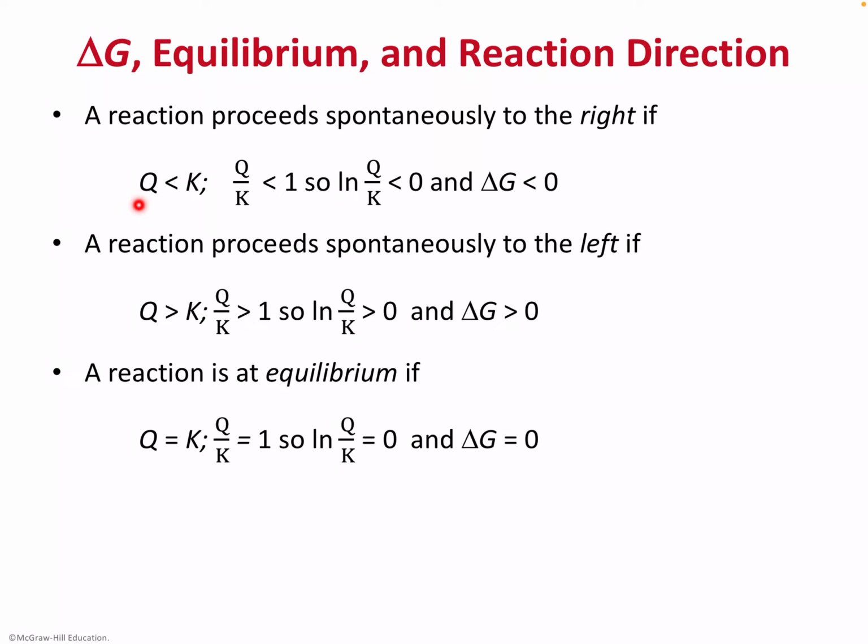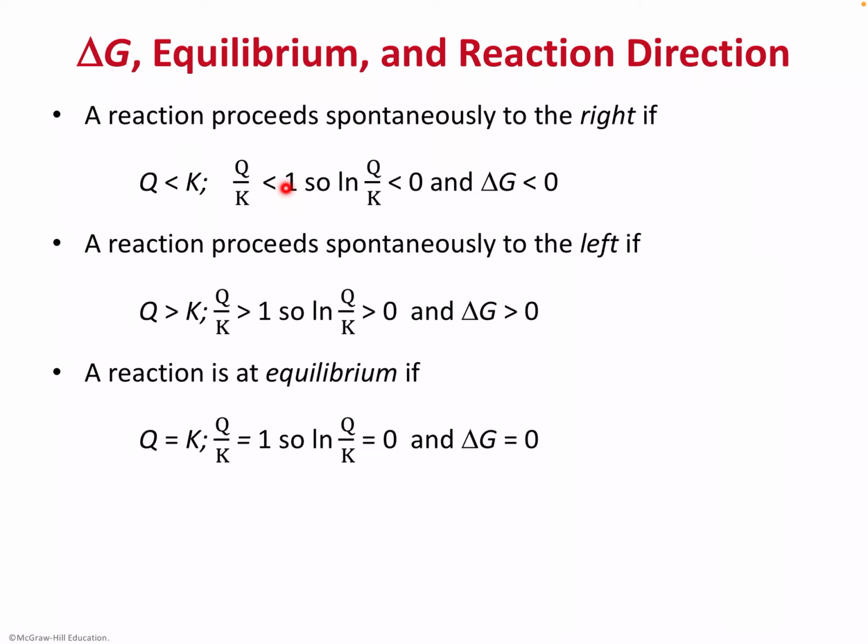So here Q is less than K, so the reaction will proceed spontaneously to the right. So Q over K, Q is a small number, K is a bigger number, so it's going to be less than 1.